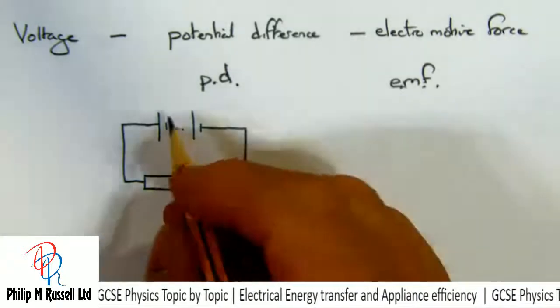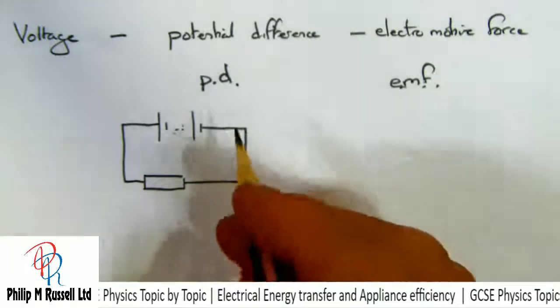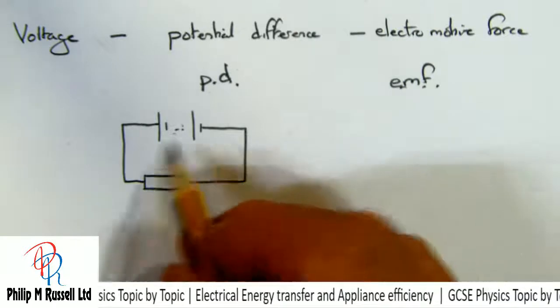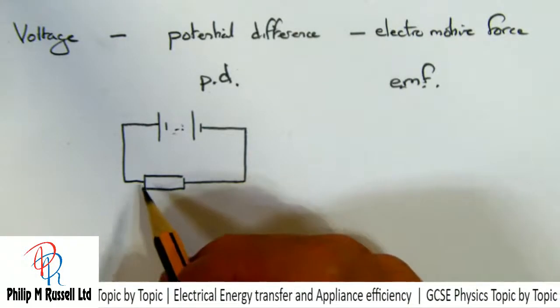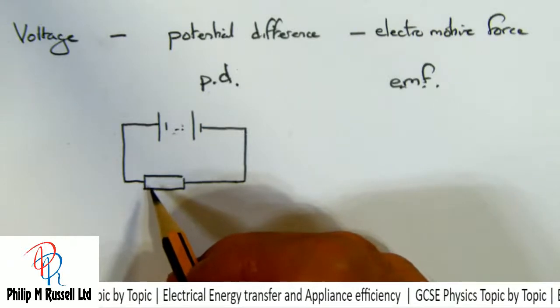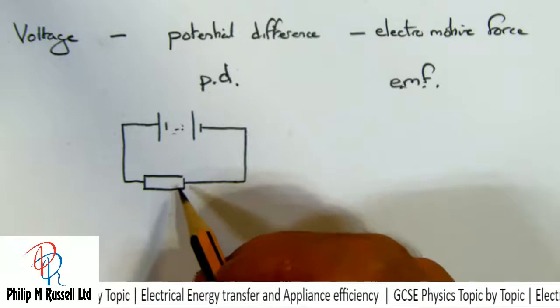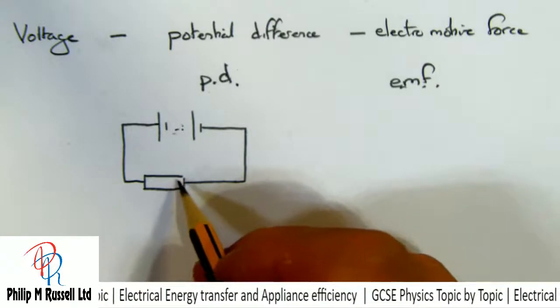Work is actually done by this battery, and what it does, it makes electrons pass through this resistor. Each electron repeatedly collides with bits and pieces in here, transferring energy to the resistor.